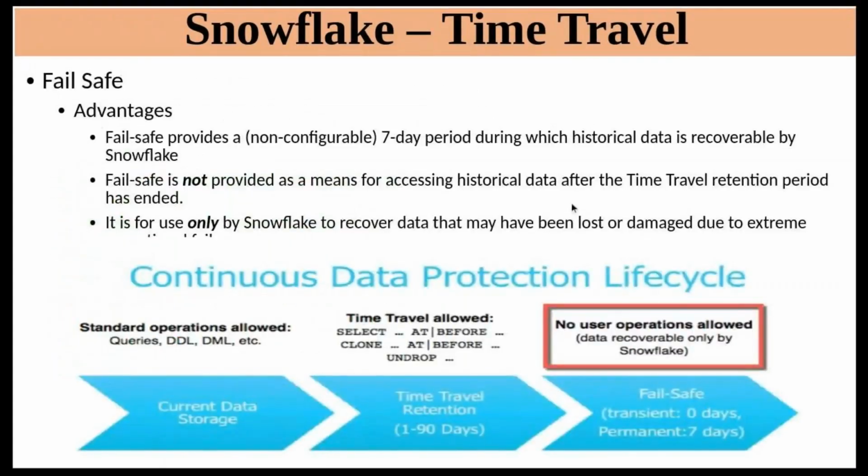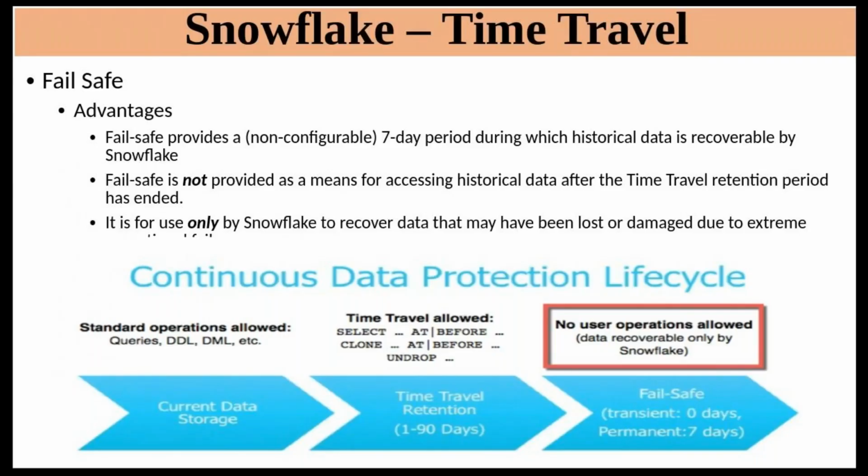And then coming back to fail-safe, right? Snowflake has created fail-safe for recovery purposes, not for data recovery. If there is an outage of your AWS or Azure, if any of the cloud providers has an outage and you cannot recover your database, Snowflake has created the fail-safe zone to recover the entire account.